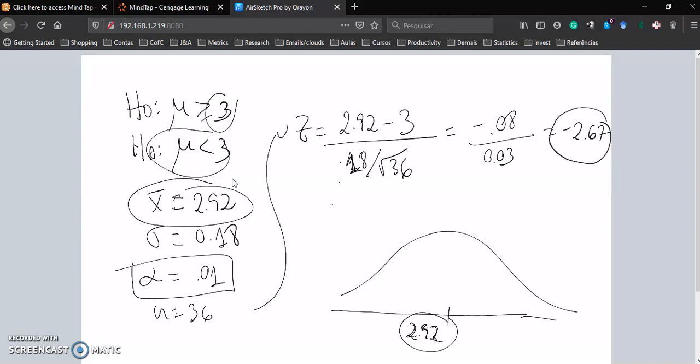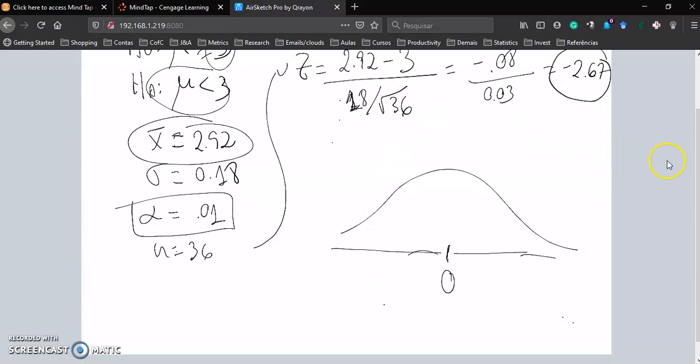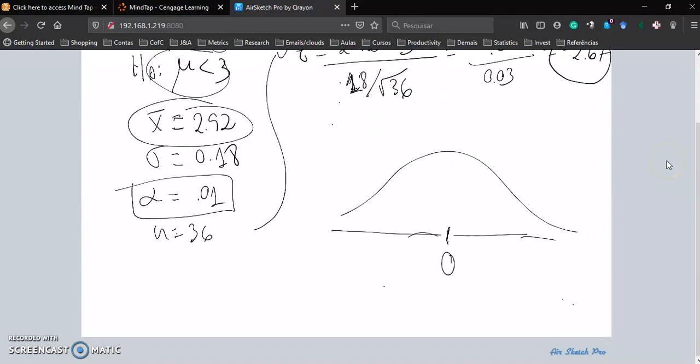Now I have a standardized distribution, the distribution of z-scores. The mean is always 0 in a standardized normal distribution. Remember the z-scores.